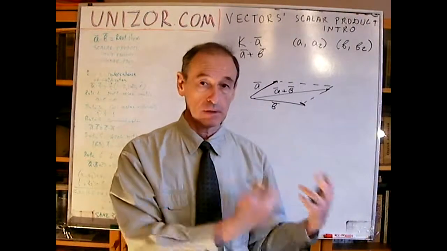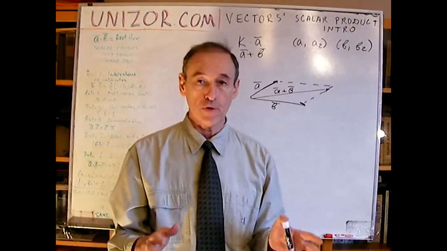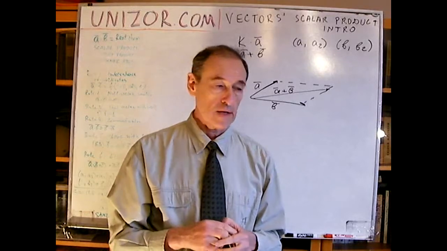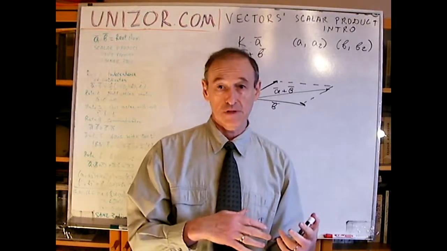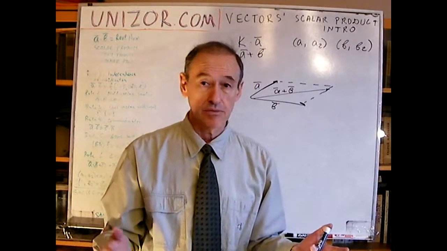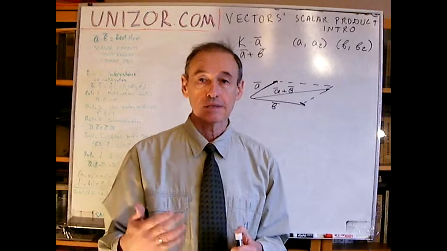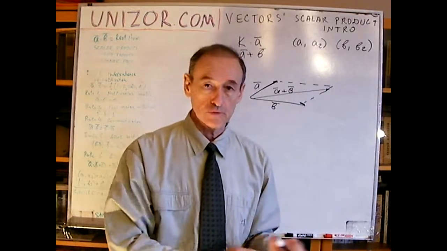Now, this lecture is dedicated to a new operation, completely new operation, which we can perform with vectors. Vectors actually came from physical representation of certain objects, like speed, for instance. And scalar product also has certain physical meaning, which we will address later on.